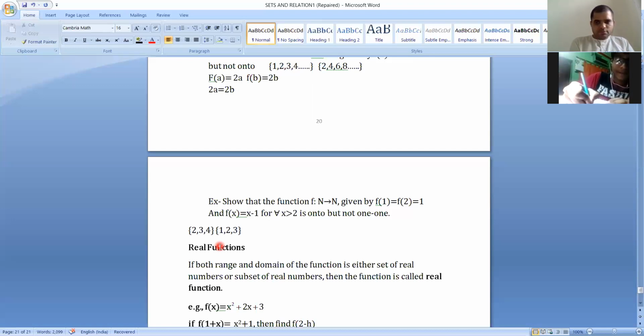An element of set B can have more than one pre-image, that is all right. But an element of set A cannot have more than one image. That function is called a many-one function.